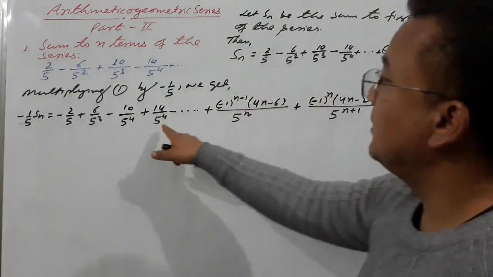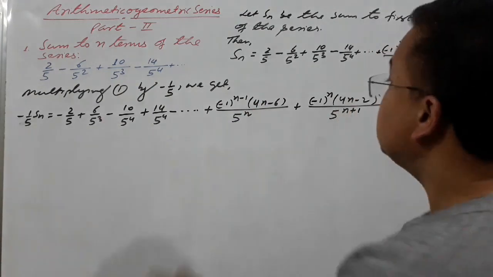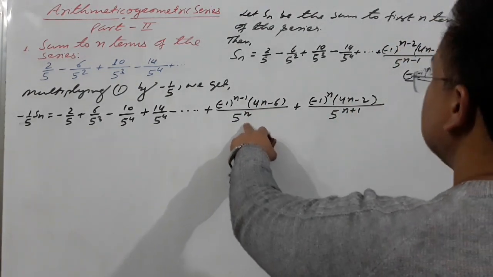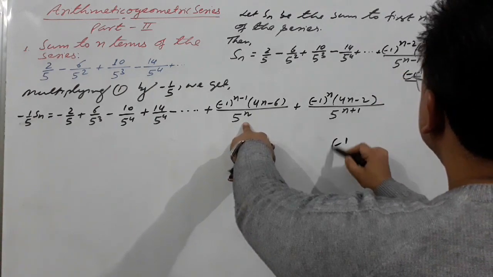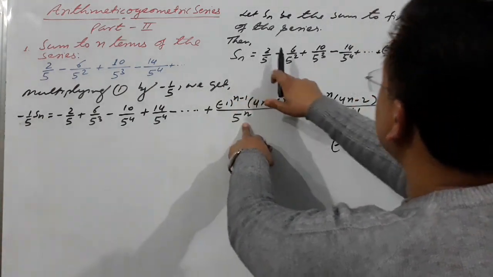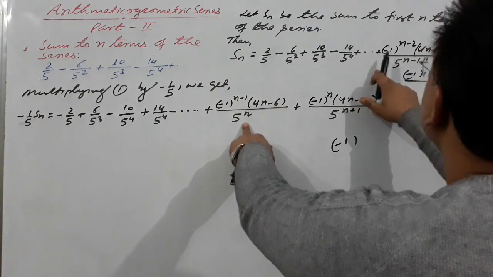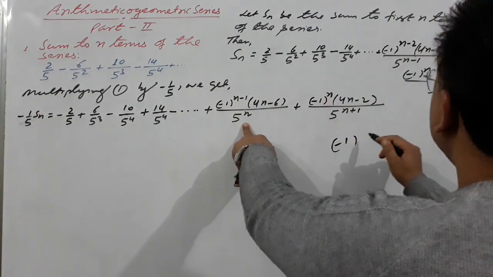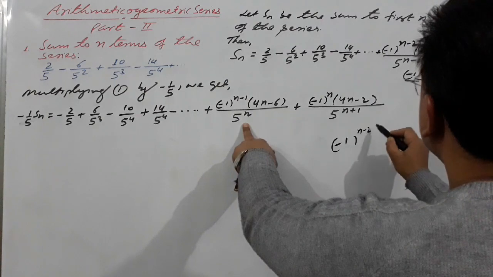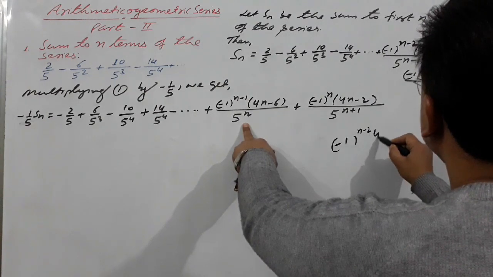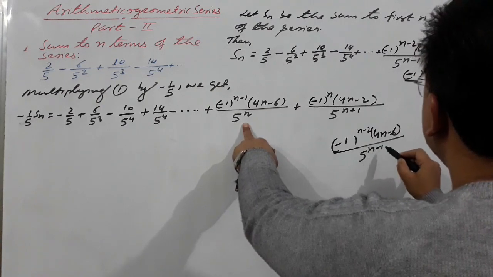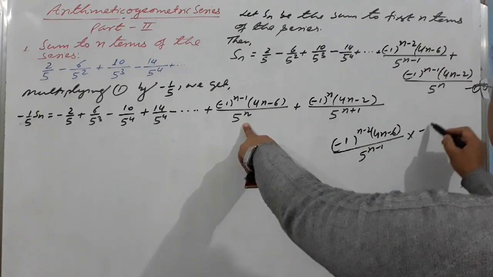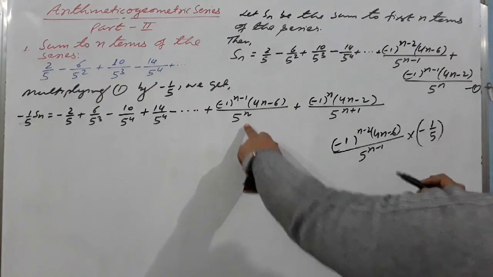Now, okay, here you will not have any problem. So how have we written this step here? Look at here. Because we have to multiply each and every term by negative 1 upon 5. So here, 4n minus 6 over 5 raised to power n minus 1 times negative 1 upon 5.